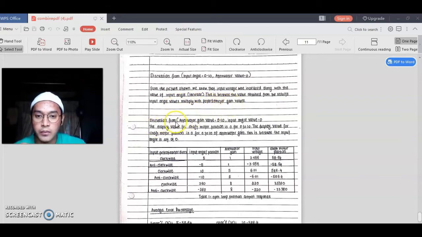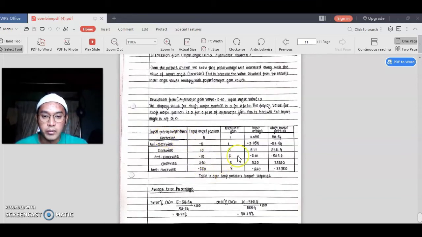For the attenuator gain from 0 until 10 with input angle equal to 0, the display value for the shaft motor position is 0 for 0 until 10 of attenuator gain. This is because the input angle is set to 0.